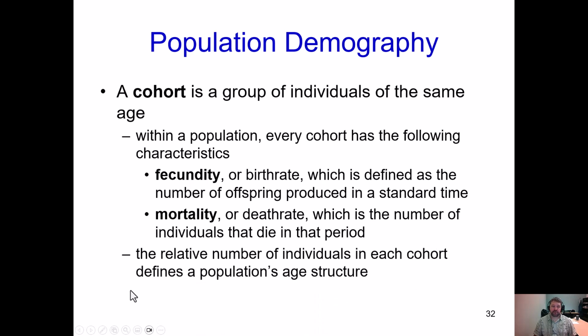And then importantly, when we're looking at demography of a population, the number of individuals in each cohort really represents the age structure. So this is important because let's say a population has lots of young individuals, but very few old individuals. But your mortality rate is pretty consistent.